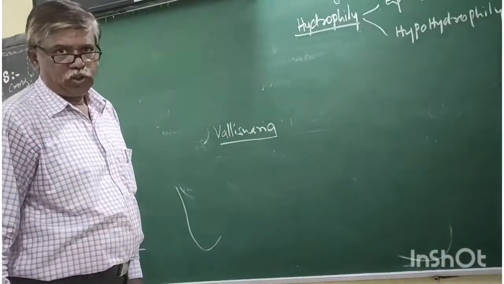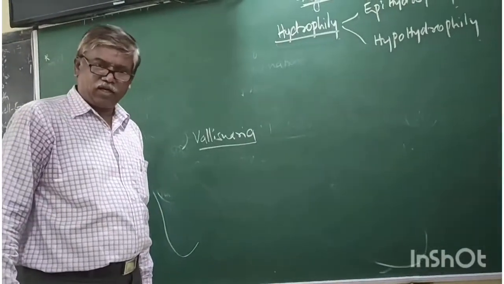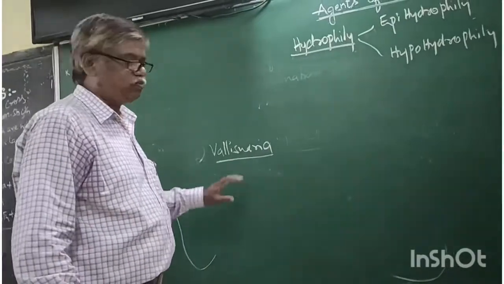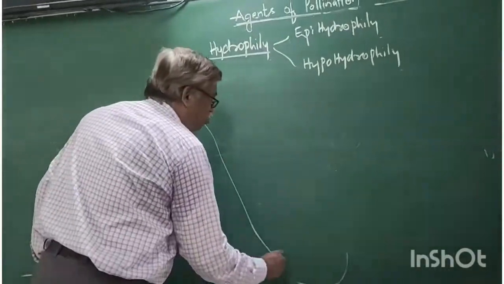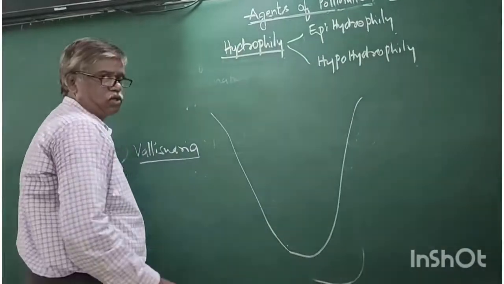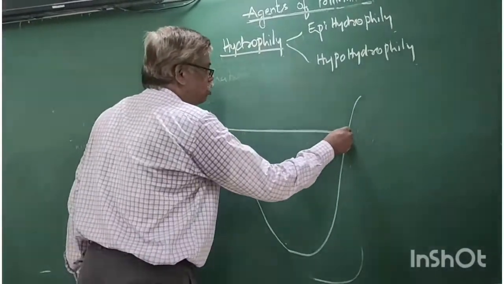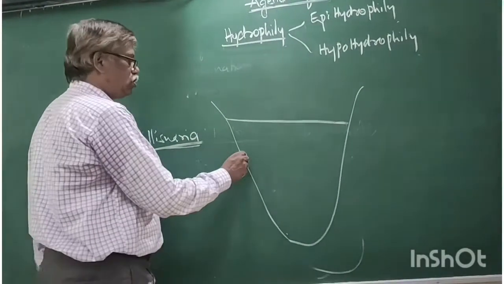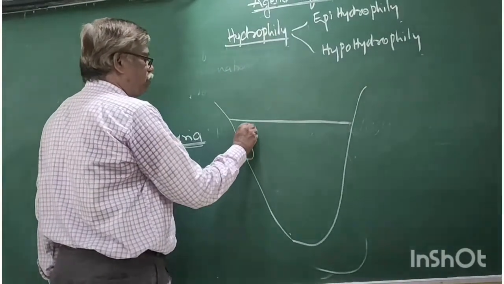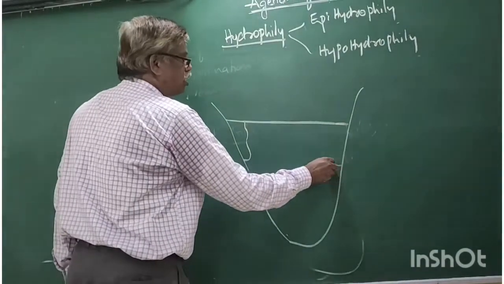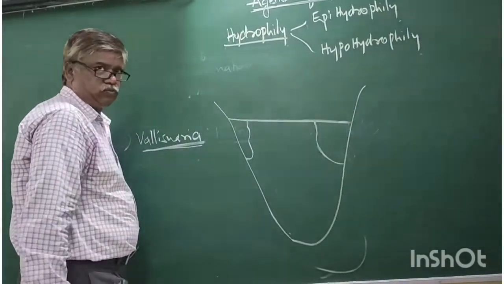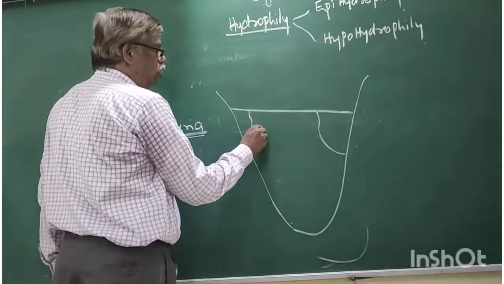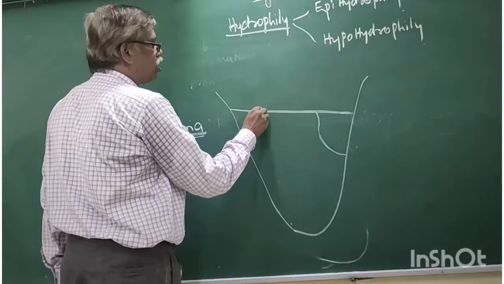Vallisneria is terrestrial or aquatic? Aquatic. Aquatic, freshwater or marine? Freshwater. Now, see, it is a pond. Water. Now, Vallisneria. See, it is a Vallisneria plant. Just imagine, it is another Vallisneria plant. Right? Now, it is a female flower.